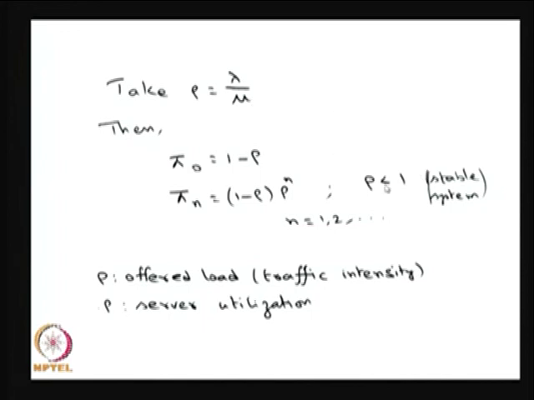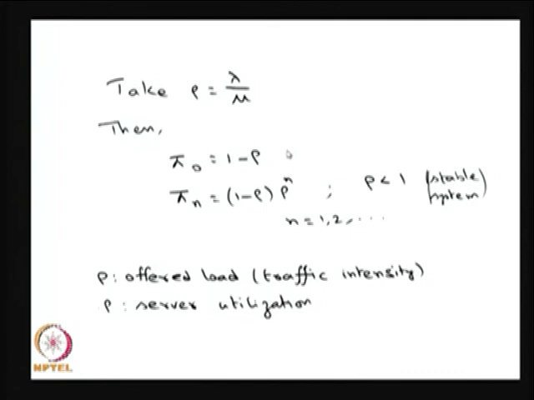If lambda by mu is greater than or equal to 1, then that denominator diverges. Accordingly, you won't get the stationary distribution. So, to have a stationary distribution, rho has to be less than 1. That you can also intuitively say: whenever the system is stable, corresponding to rho less than 1, you will have a stationary distribution.